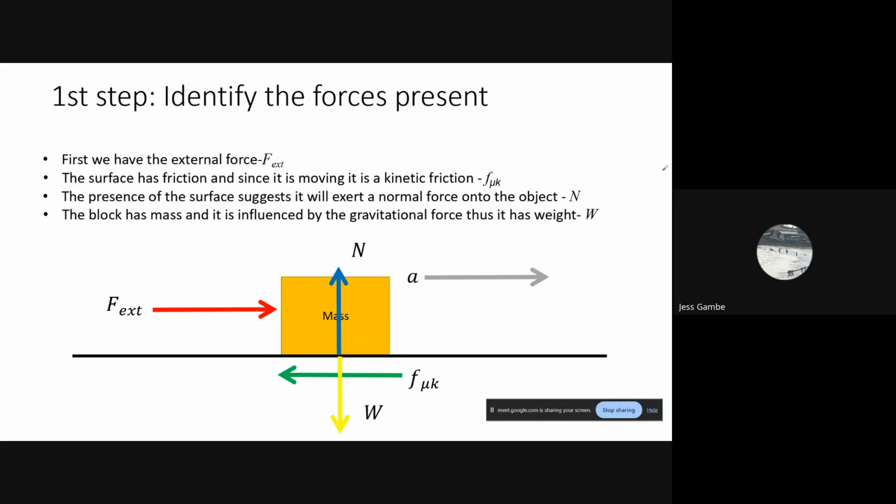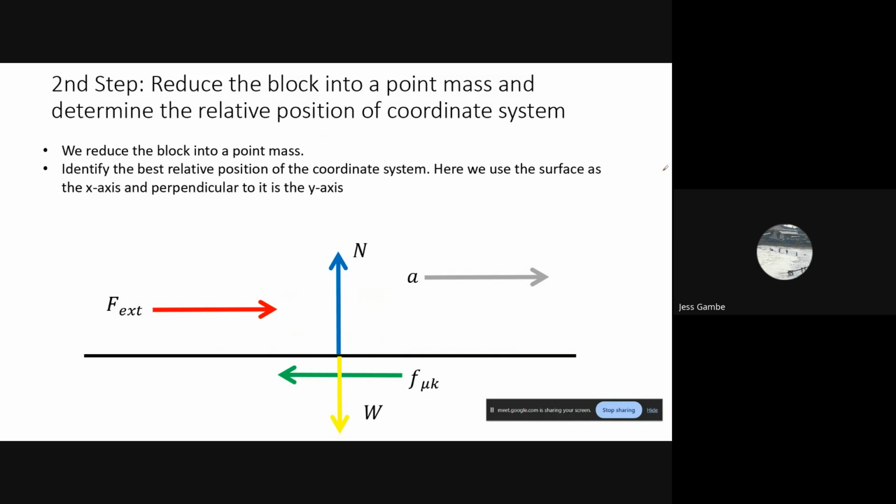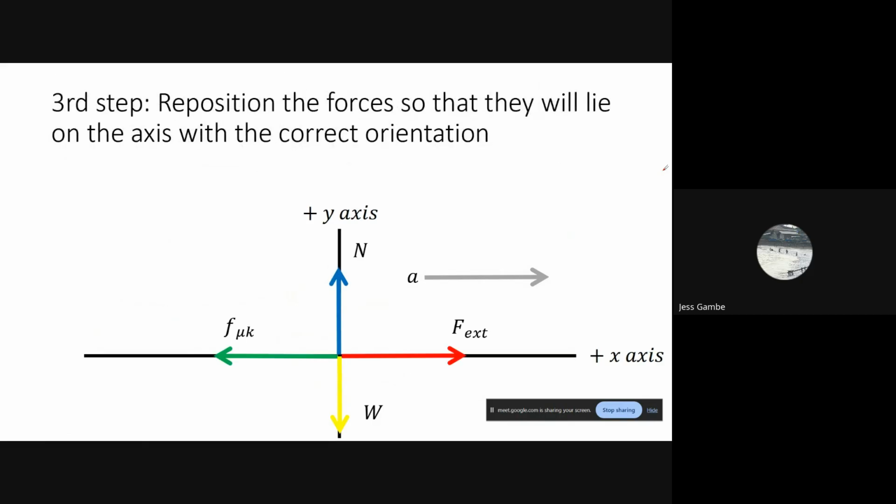Once you simplify this into the free body diagram, it would look something like this. We put the axes in. Of course, the normal and the weight move up and down. In this case, the surface could be skewed, so the direction would be different.